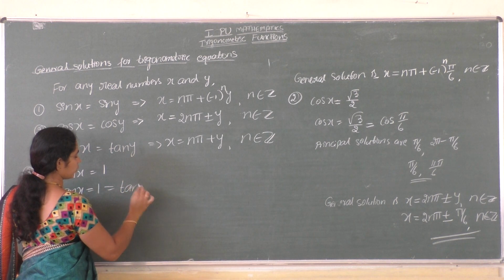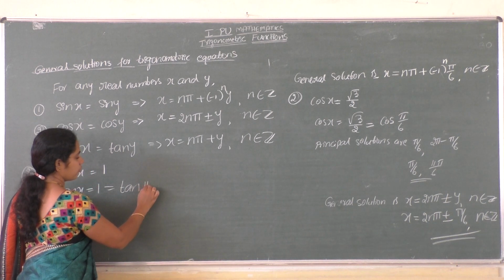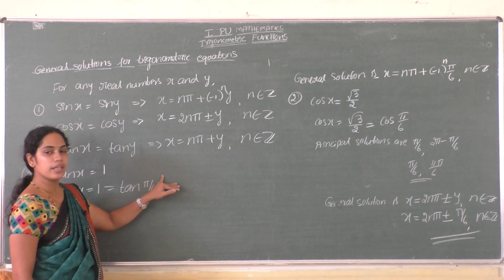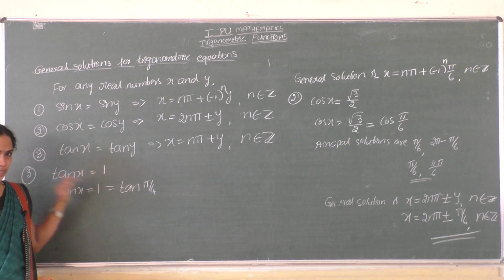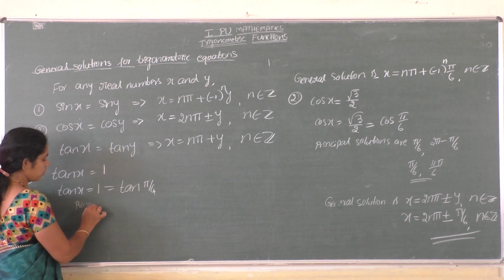For which value is the tan function 1? Tan 45 degree, that is tan pi by 4. Tan pi by 4 is 1. Correct? What is the principal solution here?